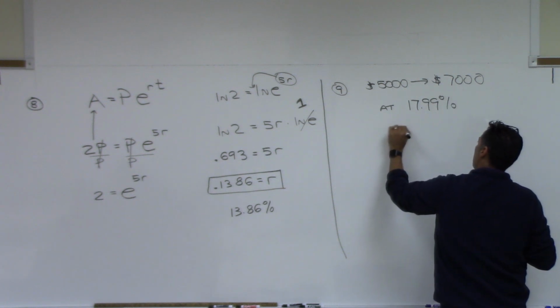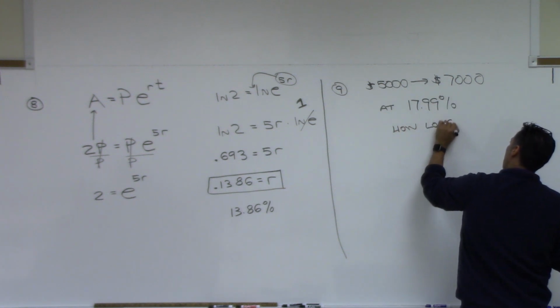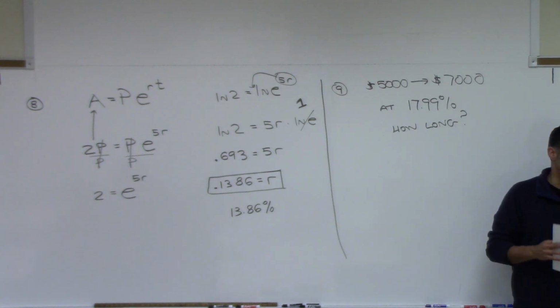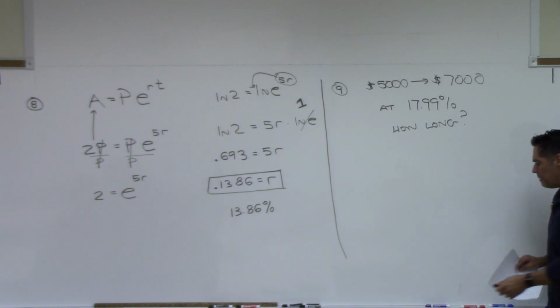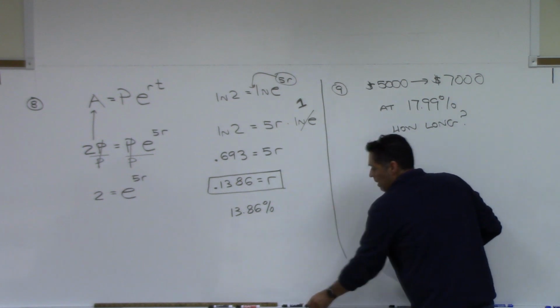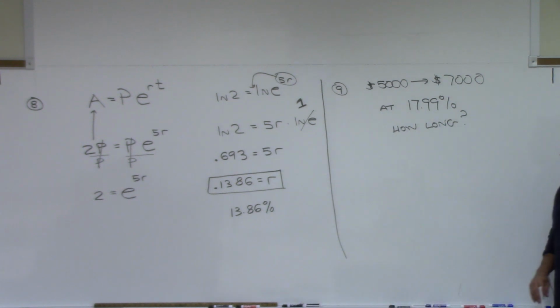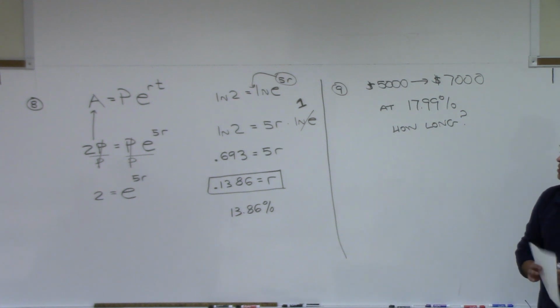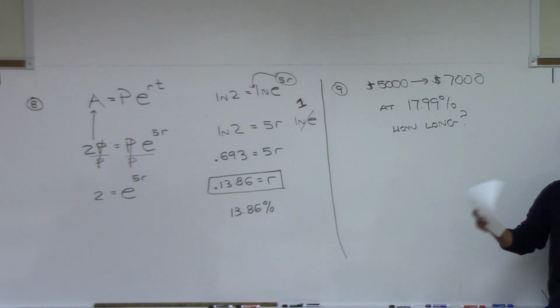And the question is, how long does it take for that to happen? So this is more like a credit card problem. It's like you spent $5,000 and the interest rate on the credit card is 17.99%. How long is it going to take for that $5,000 to grow to $7,000 if you're not making any payments?